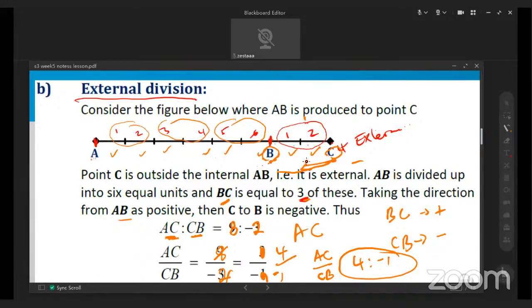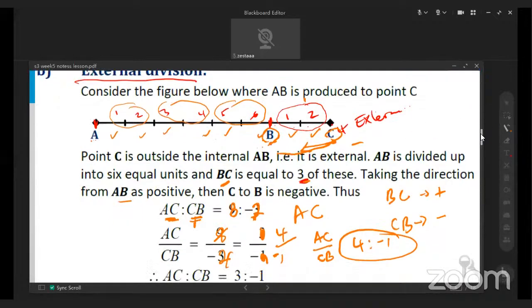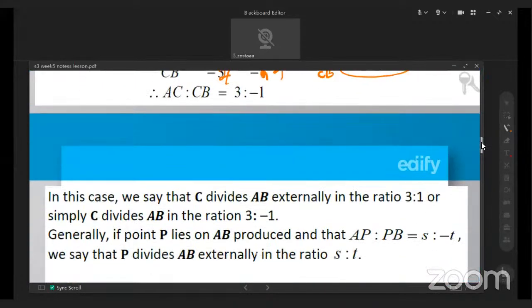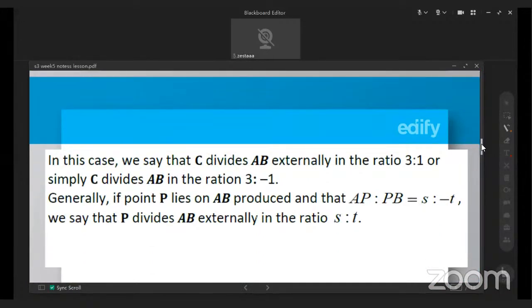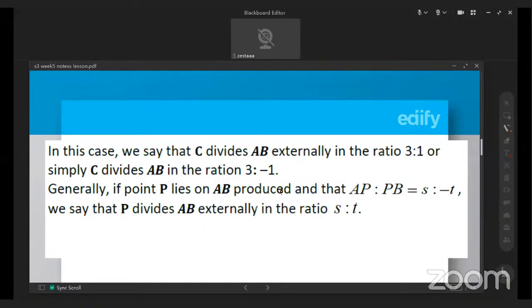So this is what we are saying. We are saying CB, not BC. So when it's CB, it becomes a negative. That's where the negative part comes in from. Now, how do we conclude on this? If we say it is external, it means the line goes outside.